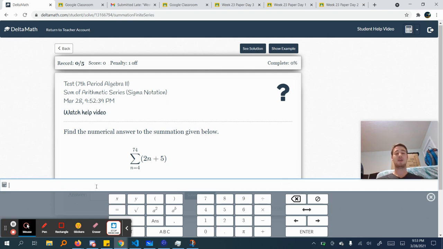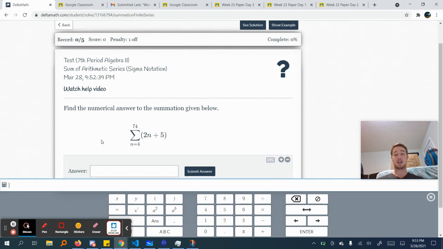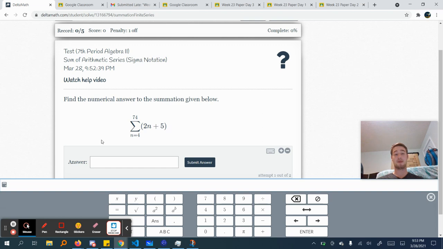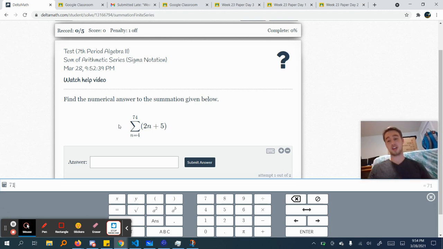In order to calculate this, you're going to take the number of terms, which is going to be the difference between our 74 and 4. That's going to be 70. But we've got one more than the difference as our number of terms. Think of it this way. How many numbers are there between 1 and 5? 1, 2, 3, 4, 5.